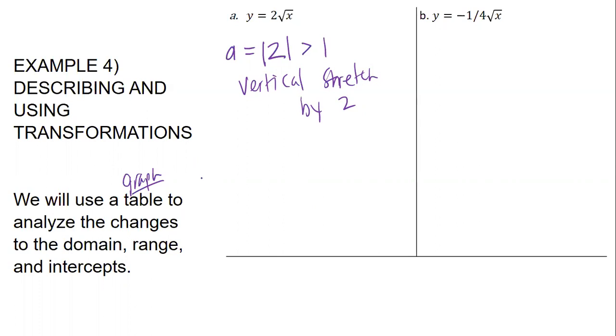That only affects our y, right? It is not shifting it. Is it making it go left, right, up or down? No. So our domain is still going to be x is greater than or equal to 0. Our range is still going to be y is greater than or equal to 0, which means our intercepts are still going to be at (0, 0).